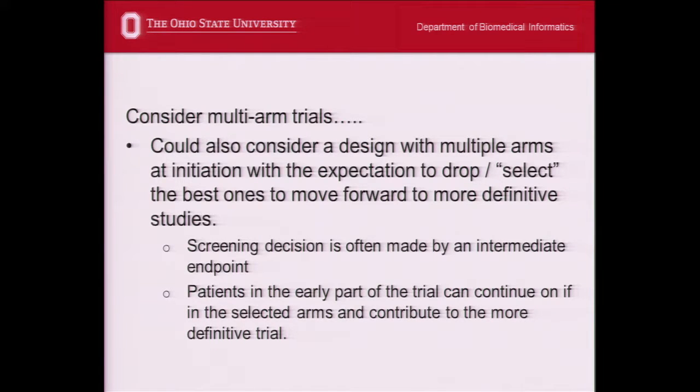We want to study all the agents or all of the regimens, whether it's how we give the treatment or the actual dose level. We can consider combining those scenarios where we look at multiple different arms. And this, again, provides some efficiency in terms of the infrastructure needed to conduct these trials, but also how we make some intermediate decisions on stopping certain arms and reallocating resources.